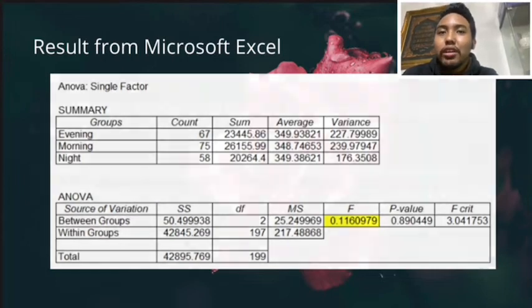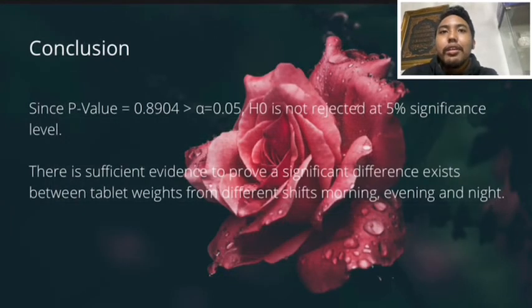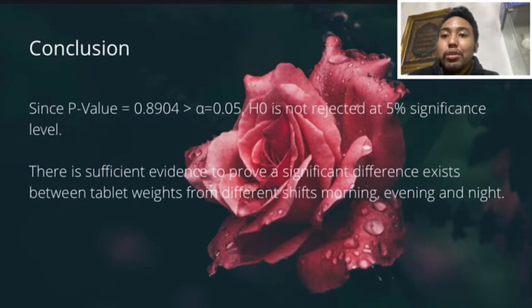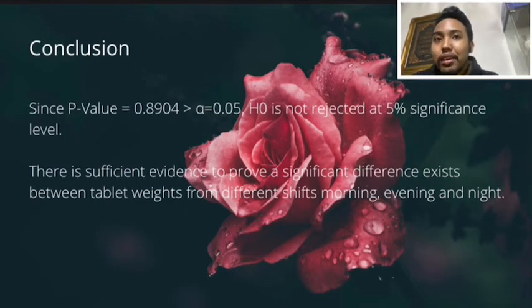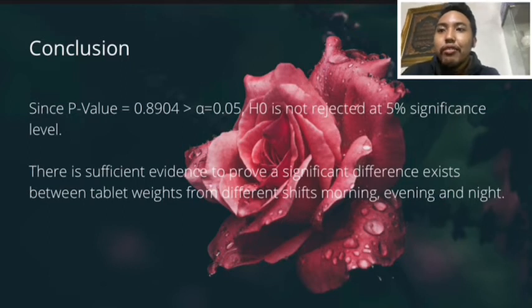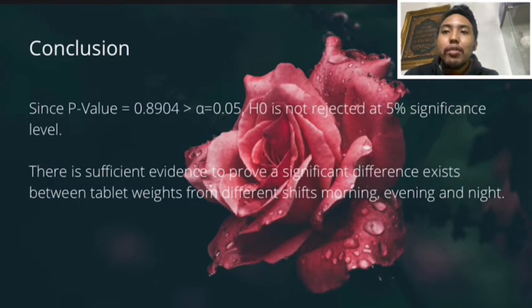As a conclusion of the table, I can say that since p-value equals to 0.8904 is more than alpha 0.05, H0 is not rejected at significant level of 5%. There is sufficient evidence to prove a significant difference exists between tablet weights with different shifts, even morning, evening, and at night.